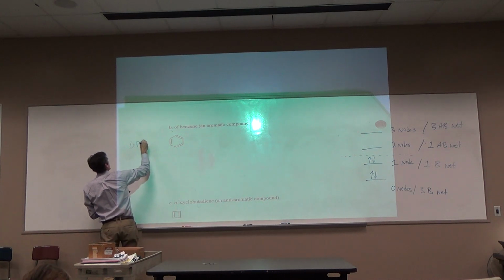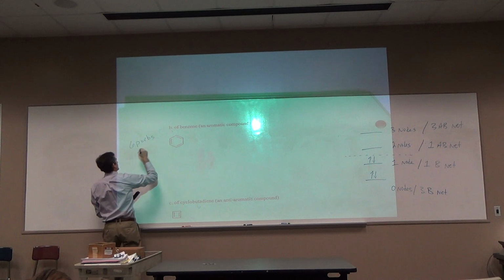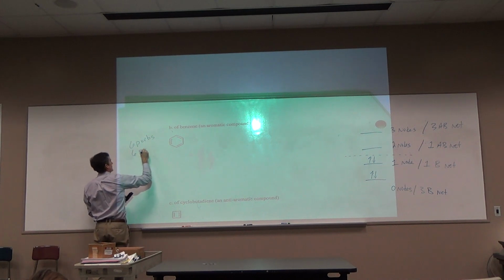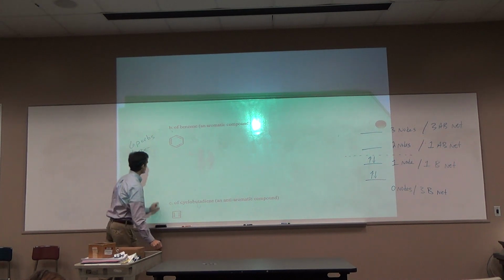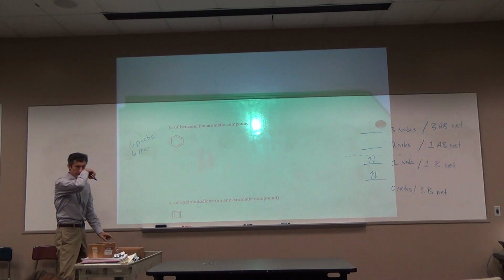Six p orbitals. How many pi electrons? 6. 6 pi electrons. How many molecular orbitals are we going to make?